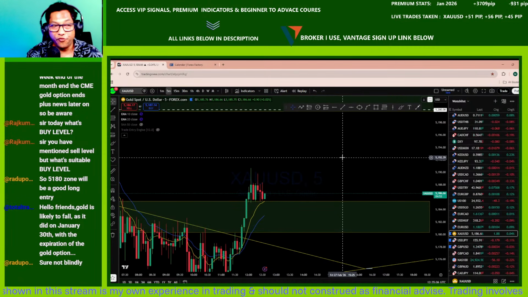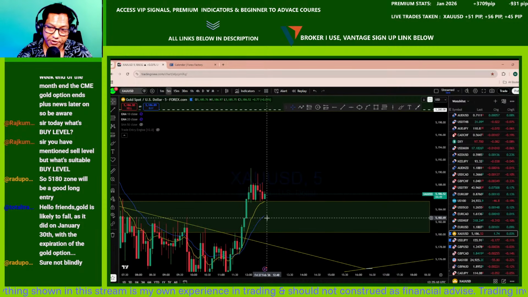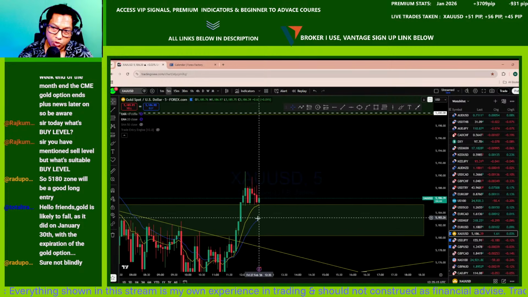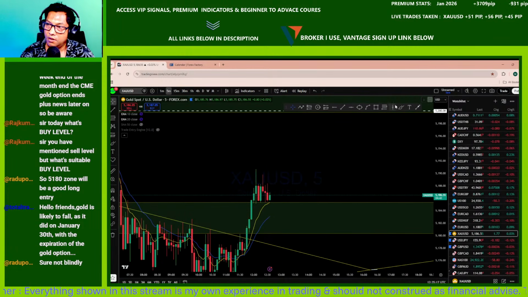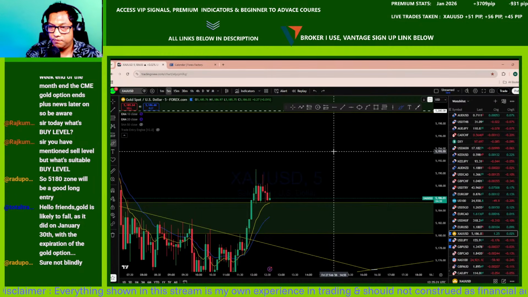We might be able to find a short-term buy entry here after the market retests the low properly. We'll be looking for a short-term buy entry in that zone.